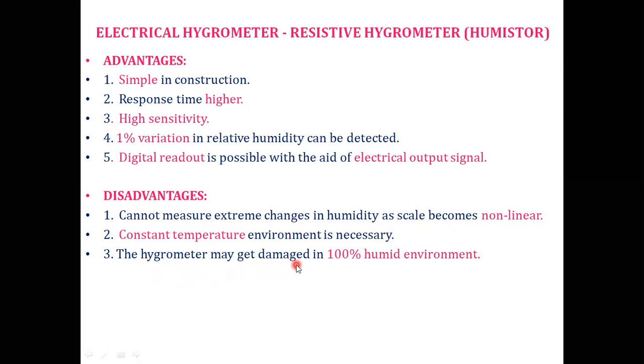The hygrometer may get damaged in a 100% humid environment. We need to provide a constant temperature environment here. If there is variation in the temperature, it may lead to damage to the instrument, and a 100% humid environment is also needed. If there is no humid environment, then also it is going to damage the instrument.